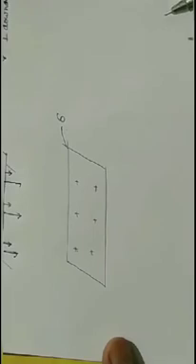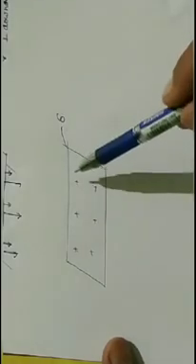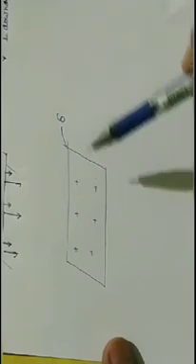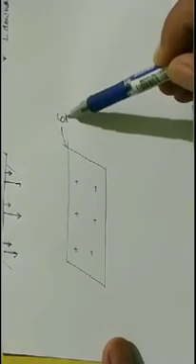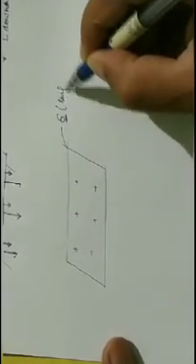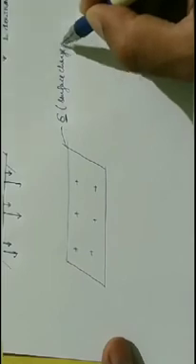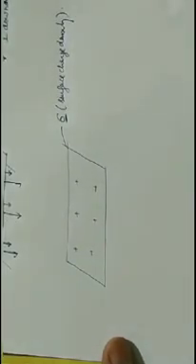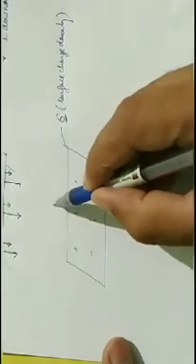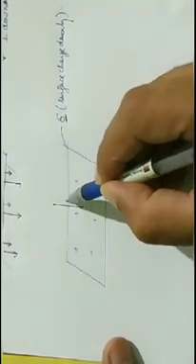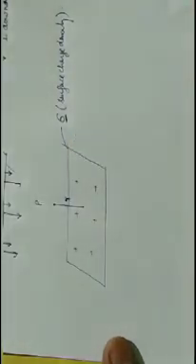I took one portion of that sheet and the charge is distributed uniformly, and the strength is represented by the surface charge density, that is sigma. Let P be the point which is at a perpendicular distance r, where we want to calculate the electric field.